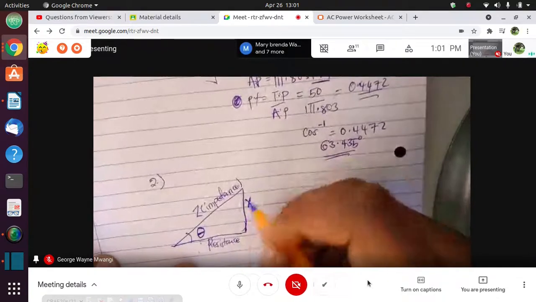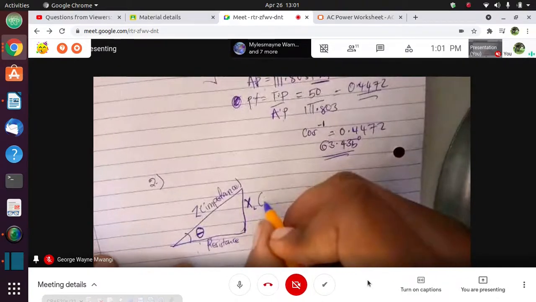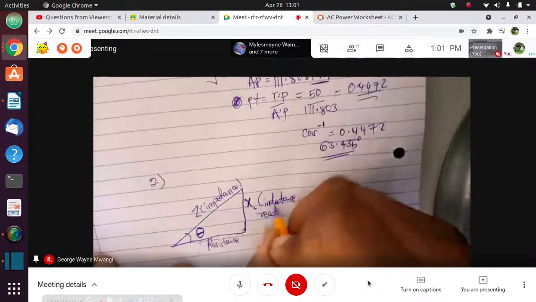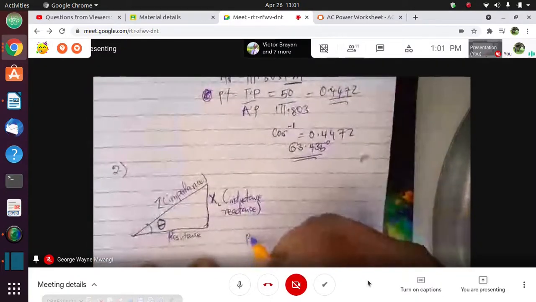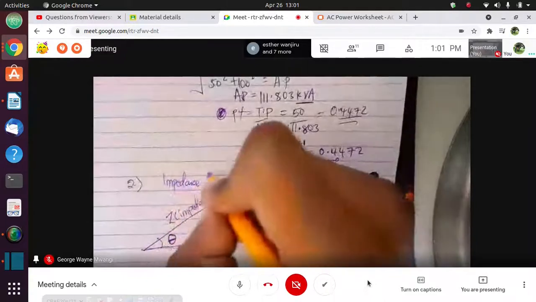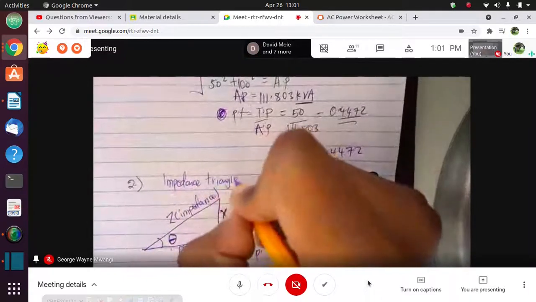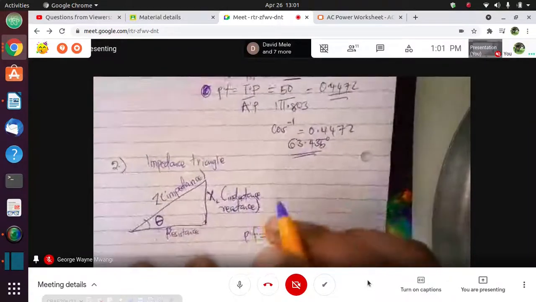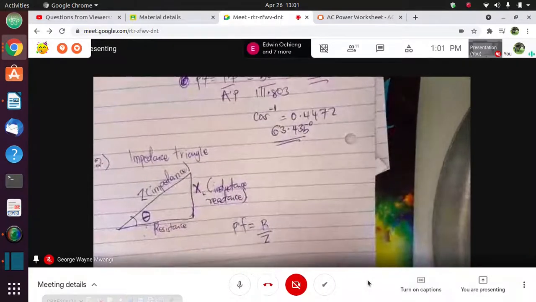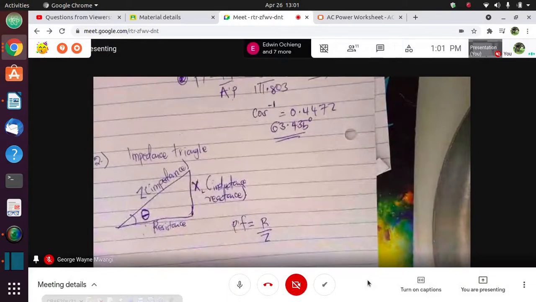XL, now let's talk about XL. This will be inductive reactance. Power factor, when using the impedance triangle, will be equal to R over Z. Are we together?